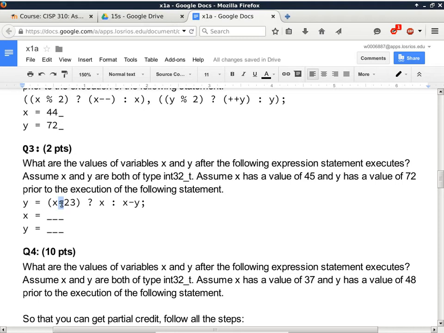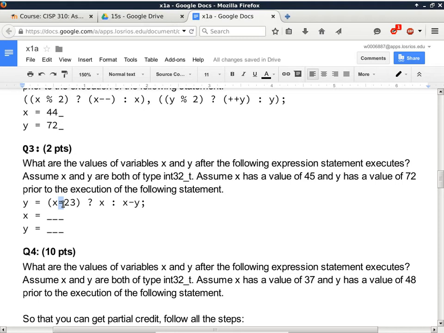So the first thing is x is now changed to 23, but that's only one part of what this expression would do. The second part is that it has a value, right? Every expression has a value. X equals 23 has a value of 23 itself. Is 23 0?